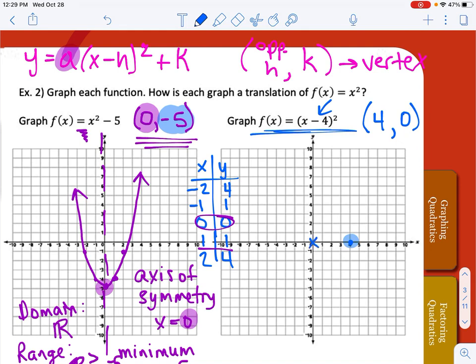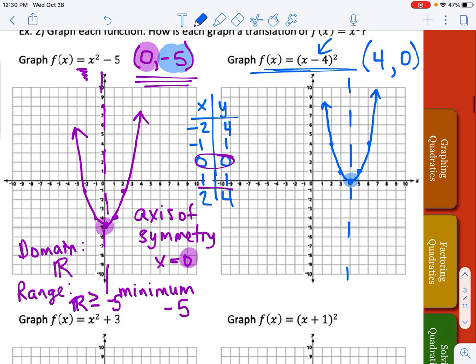The origin's still really here, but I can graph my parent function based on the original from that new vertex. So there is half of my quadratic graph. I need to reflect this over and then draw in nice curved sides, don't make them straight, to draw in my graph.